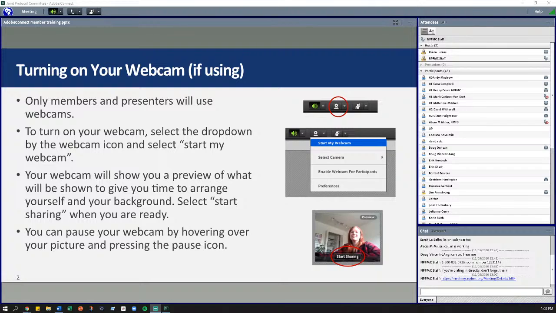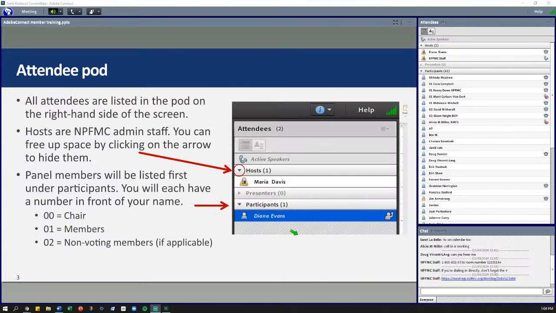For those of you joining with webcam, there's the webcam icon at the top. Only the members are going to be on webcam, and you go through some of these steps to start sharing your webcam at certain times during the meeting.